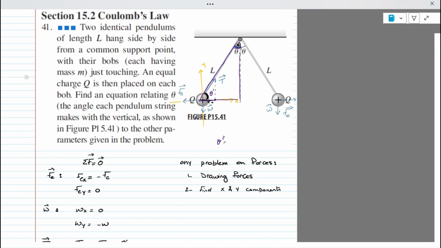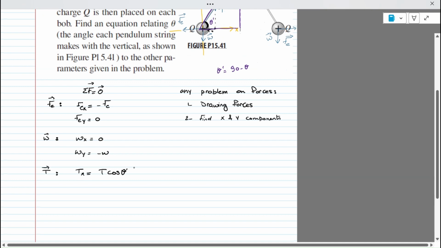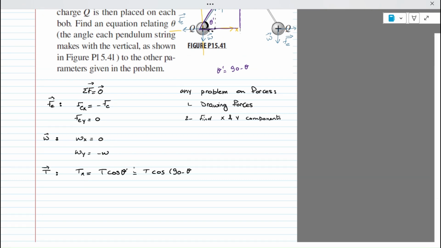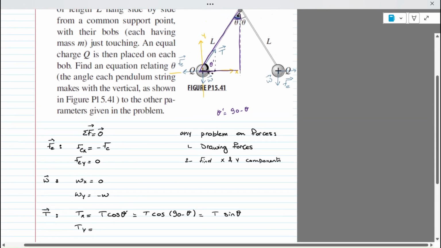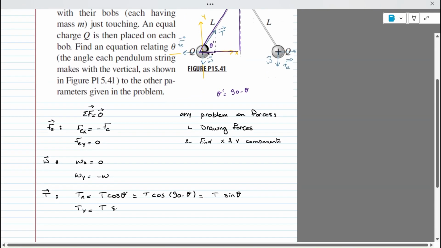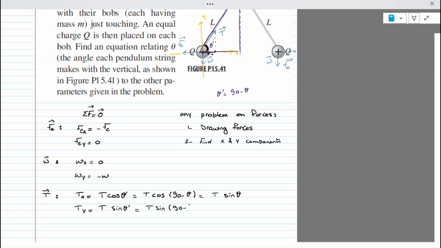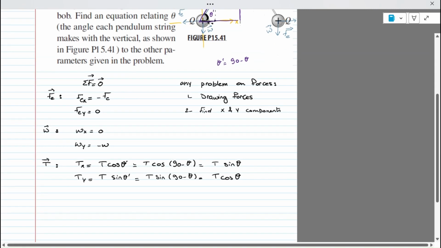In fact, theta prime is equal to 90 minus theta. So in terms of theta, Tx is T cosine of 90 minus theta, which is the same as T sine theta. And for Ty, I will have T sine theta prime, which is T sine of 90 minus theta, which is T cosine theta. So these are my x and y components.